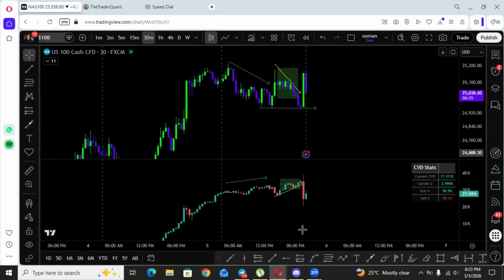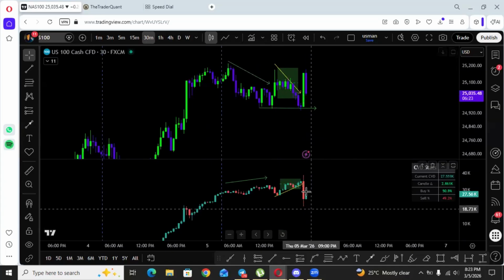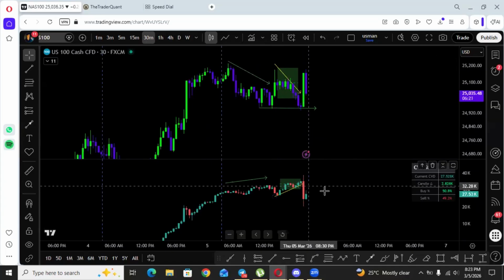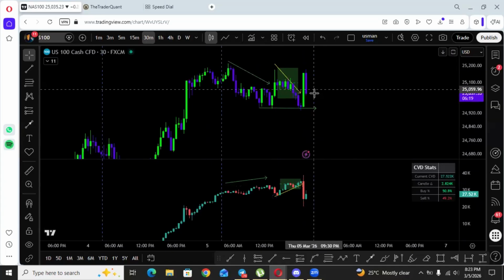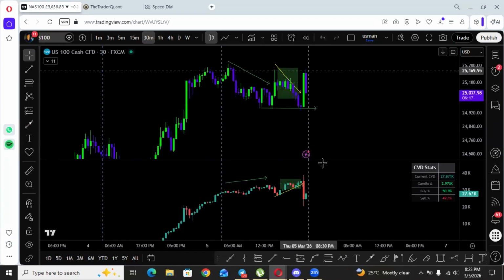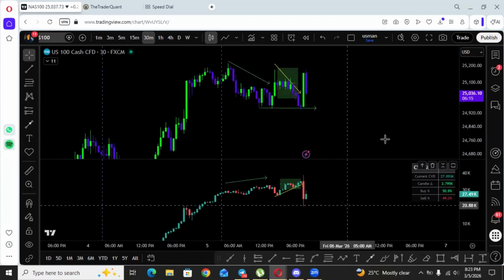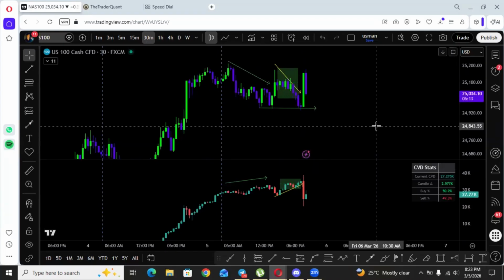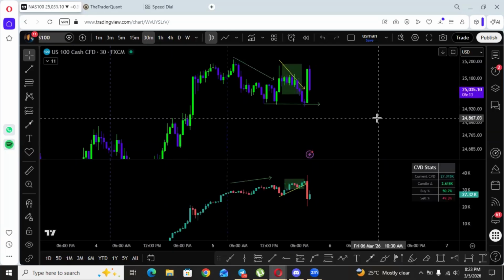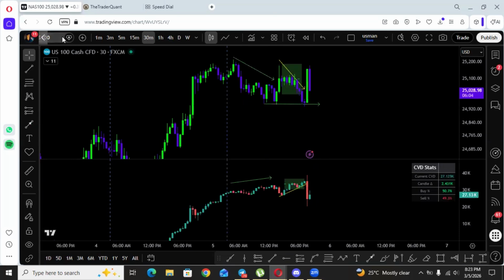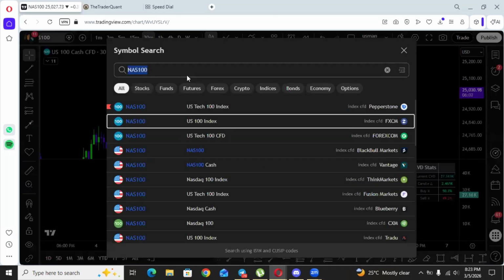Prices went up, and then institutions were taking selling positions, and this selling happened at this point. Okay, then the next selling happened. So all these things are just to give you an edge in the market with your strategy, with your system, and that's it. You can trade with that.